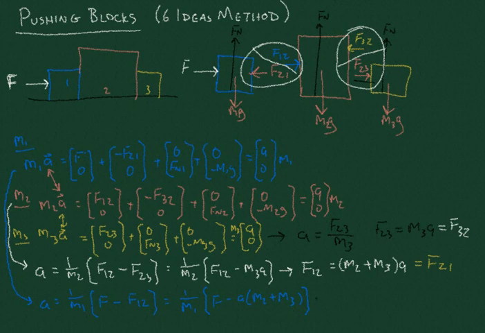So now, moving terms to the other side, I see that a times m1 plus m2 plus m3 is equal to f, or in other words, I see that we can rewrite the acceleration as a equals f divided by m1 plus m2 plus m3.